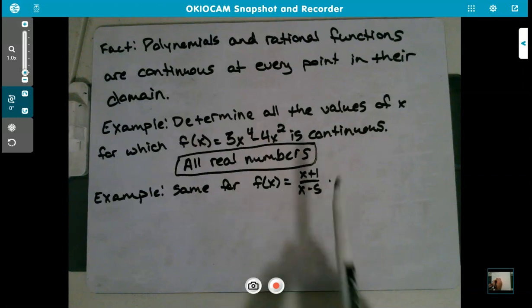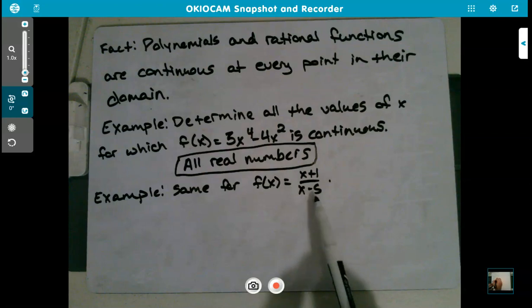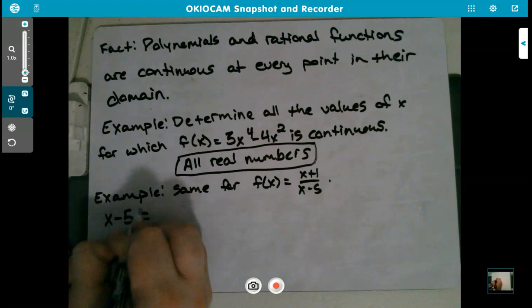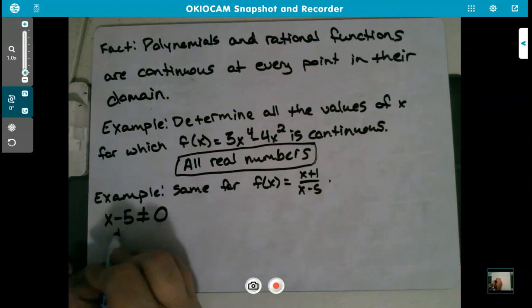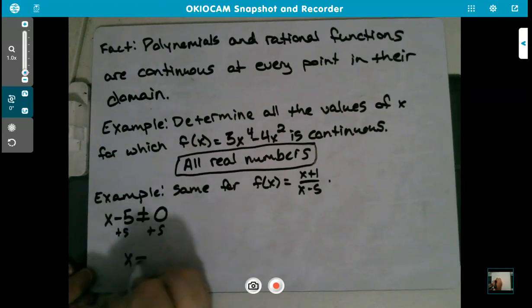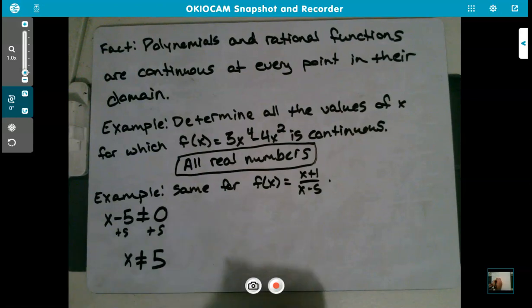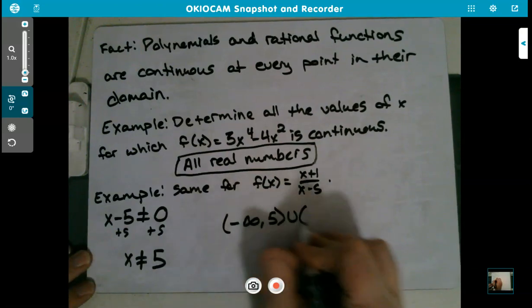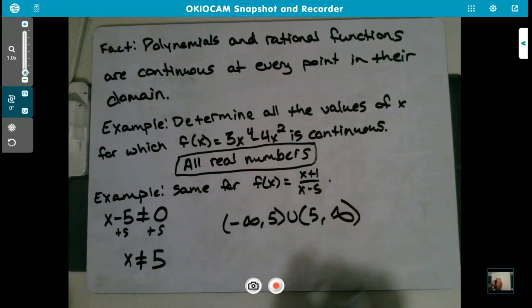So just like we did over here, I want to see what the domain restrictions are here. Well, as I know, the denominator cannot be equal to 0. So if I add 5 on both sides, I see that x cannot be equal to 5. Therefore, we are good everywhere except for the 5. So that's going to be from negative infinity to 5, and then from 5 and everything else.